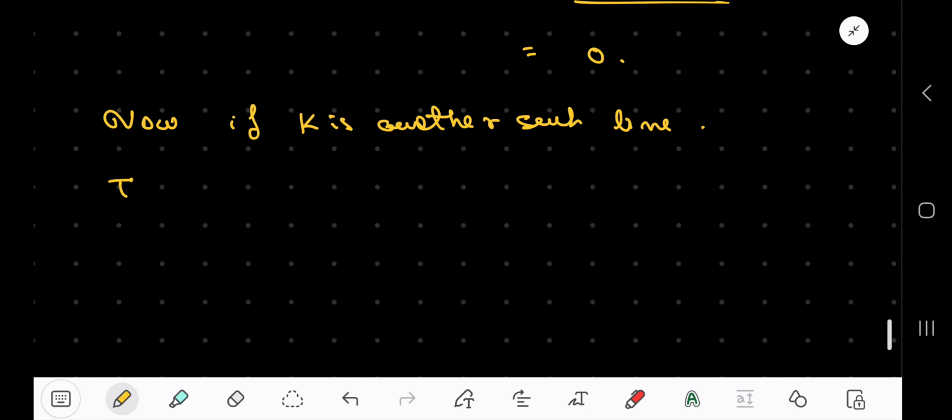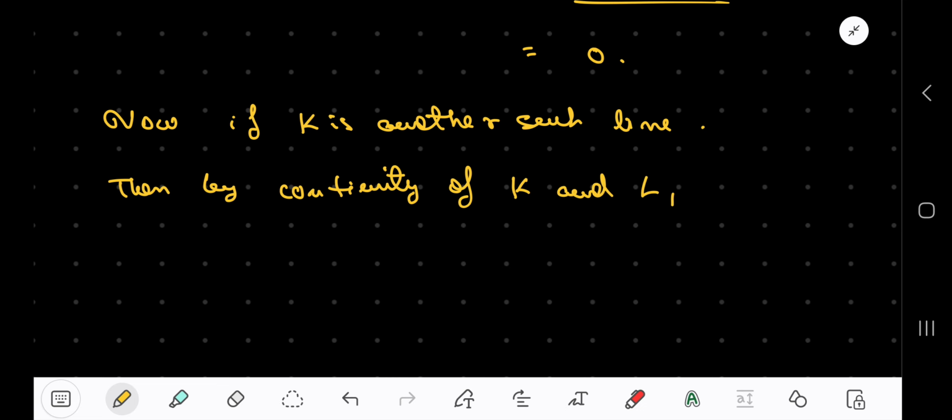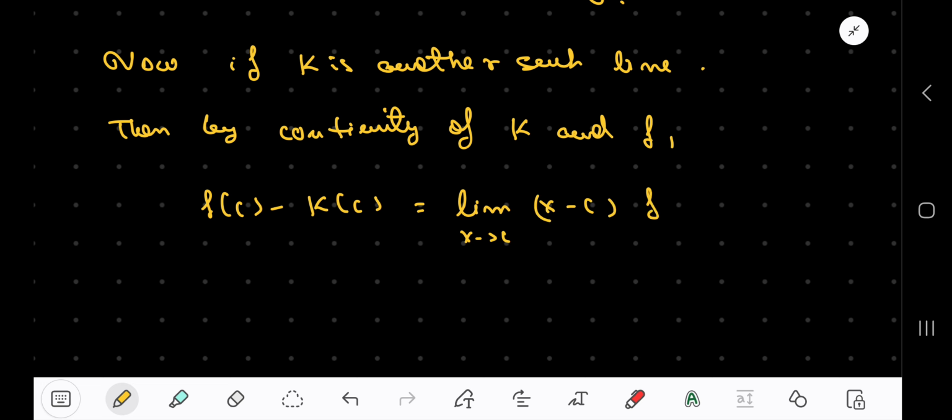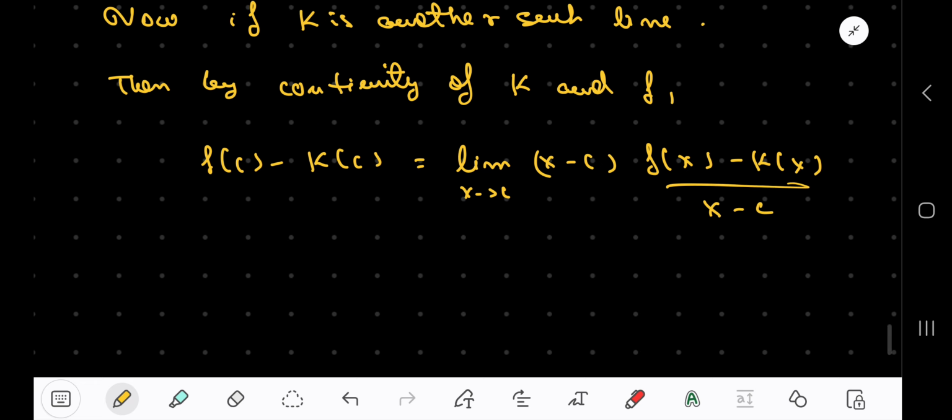then f is differentiable at C, so f is continuous at C, right? Then by continuity, now K is a line, so K is obviously continuous. So by continuity of K and f, we have f of C minus K of C is equal to limit x tends to C of x minus C times f of x minus K of x upon x minus C, right?